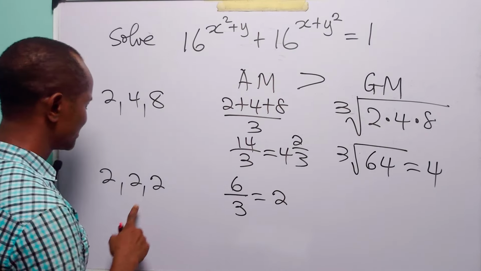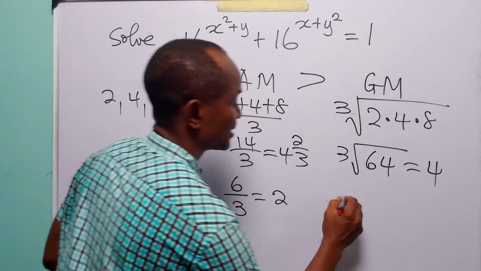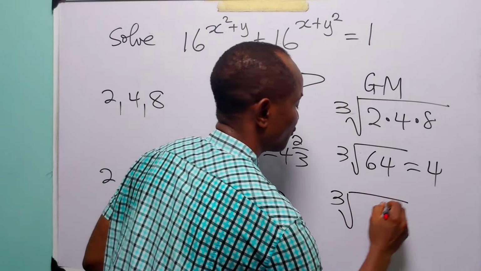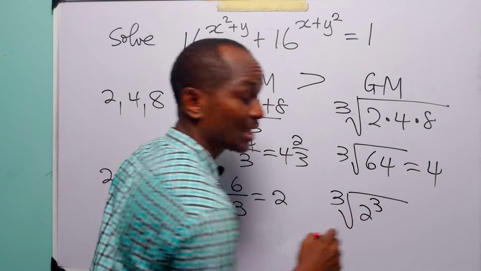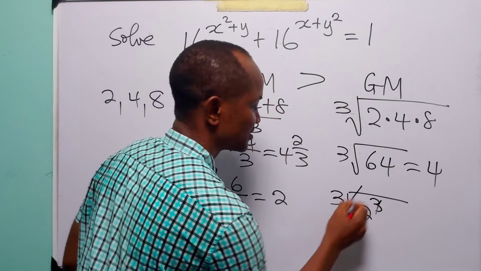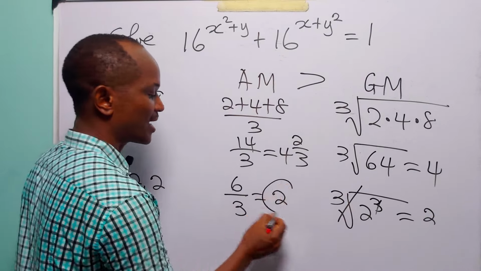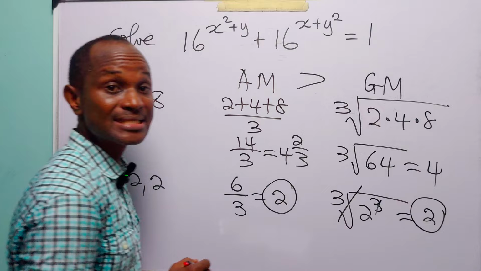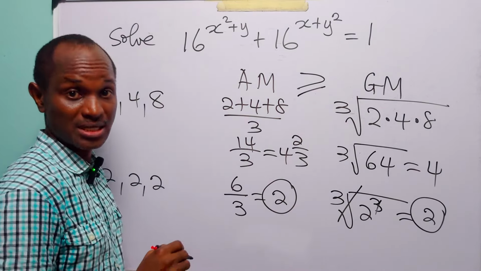And the geometric mean is going to be the cube root of 2 times 2 times 2. That is the cube root of 2 to the power 3. And of course, you know that this is going to cancel out, and we have 2. So you see that when the 3 numbers are the same, then the arithmetic mean is equal to the geometric mean.